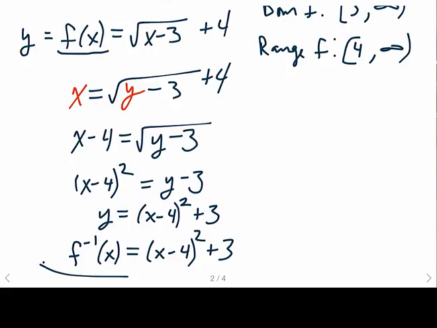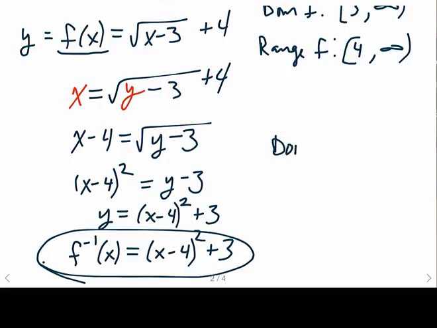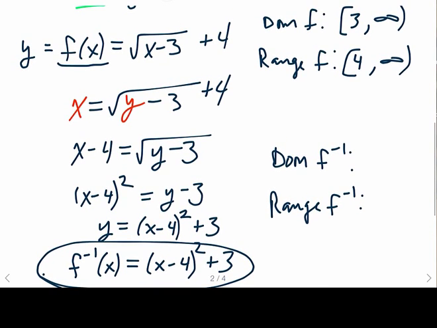So this is the inverse of f, and we can consider the domain and range of f inverse. We're going to do so from the perspective of remembering where it came from. So we have a domain of f inverse and a range of f inverse, but each of these is tied to an original function f.